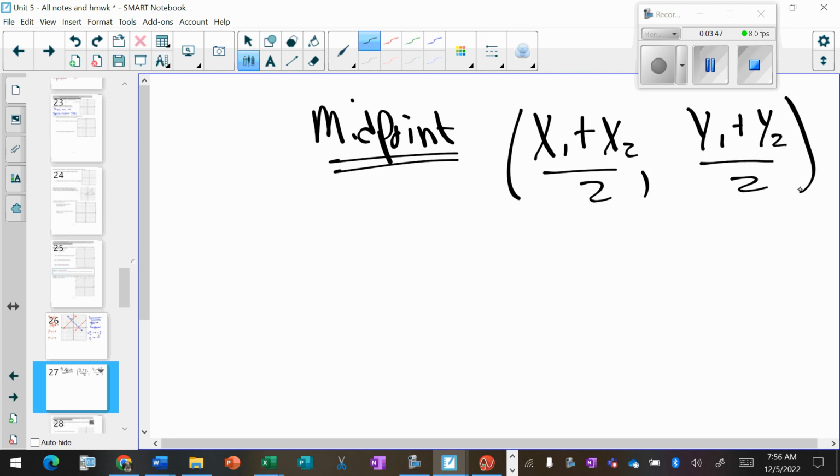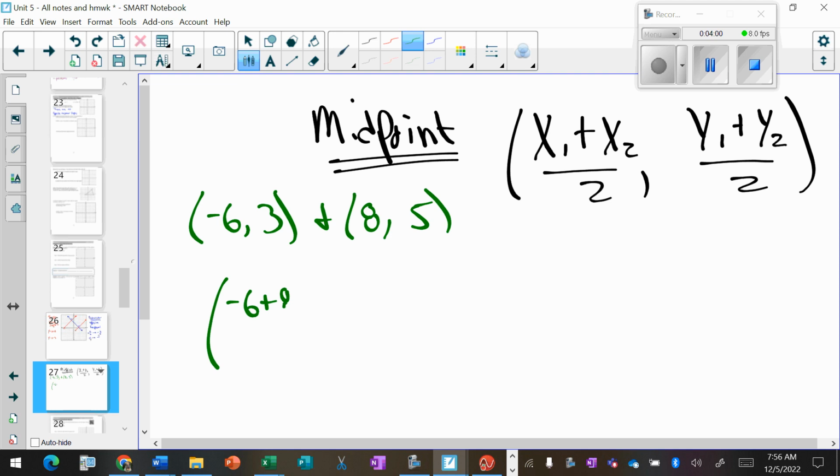It's basically the average of the two x's and the average of the two y's. So if I have the point negative 6, 3 and the point 8, 5, I would take negative 6 plus 8 divided by 2. And then separately, the y values get added and divided by 2.